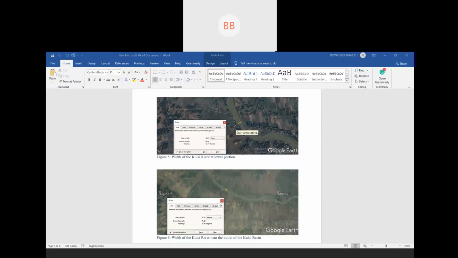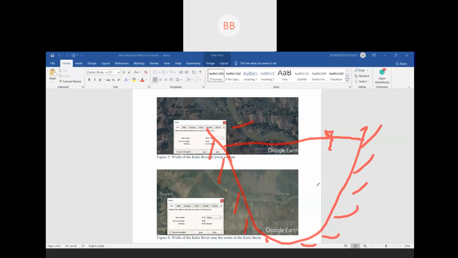Suppose you have taken one cross section here. What we are going to do: suppose this is your channel section, this is the boundary of the channel.